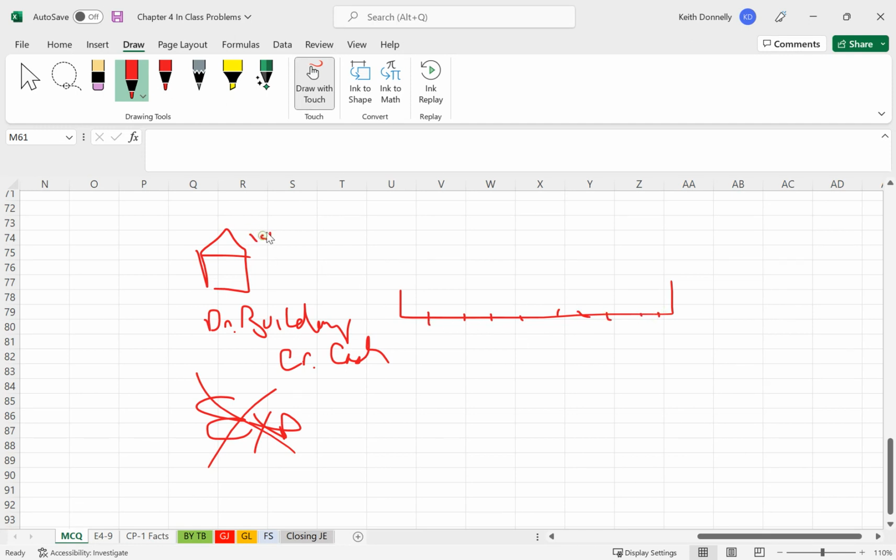Every year, so if you bought this for 100 grand, take 10, 10, 10, and so on. What we're trying to do is match the cost of this asset with its useful life. As we use the asset, every year we take depreciation expense. And the journal entry for that is going to be debit depreciation expense, credit accumulated depreciation.